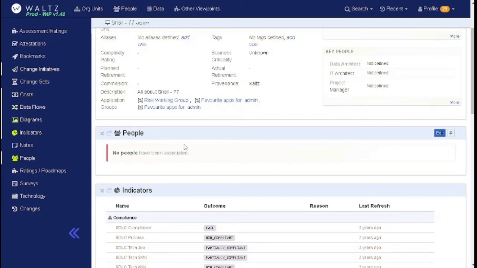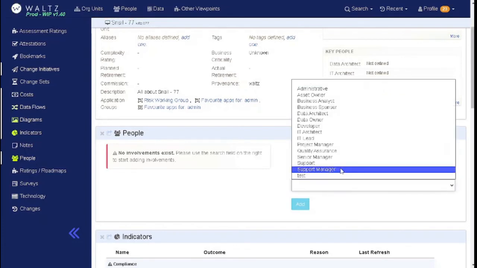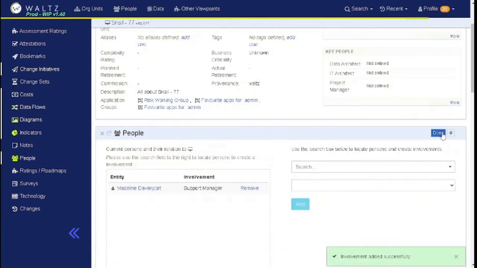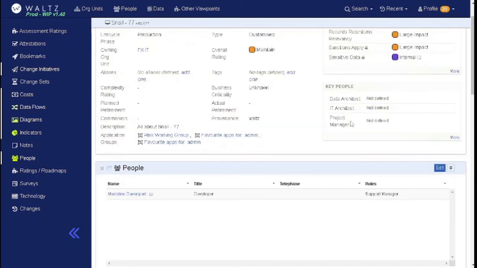Obviously, you can source these directly from the system of record in your firm, or alternatively, you have the ability to add them. So you can add people here. Just add Madeline here. We can add a role, maybe a support manager, and we have the ability to add that person there. But again, depending on how your organisation operates, you may already have application to asset mappings, and that's what you might want to bring in.